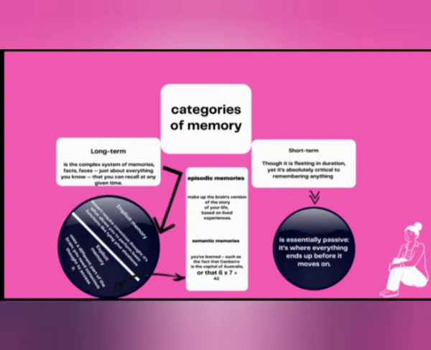So basically, the short term memory just holds information for a little while, but if the information has to stay longer, it will be transferred to your long term memory, which is responsible for storing and managing the information in your brain.